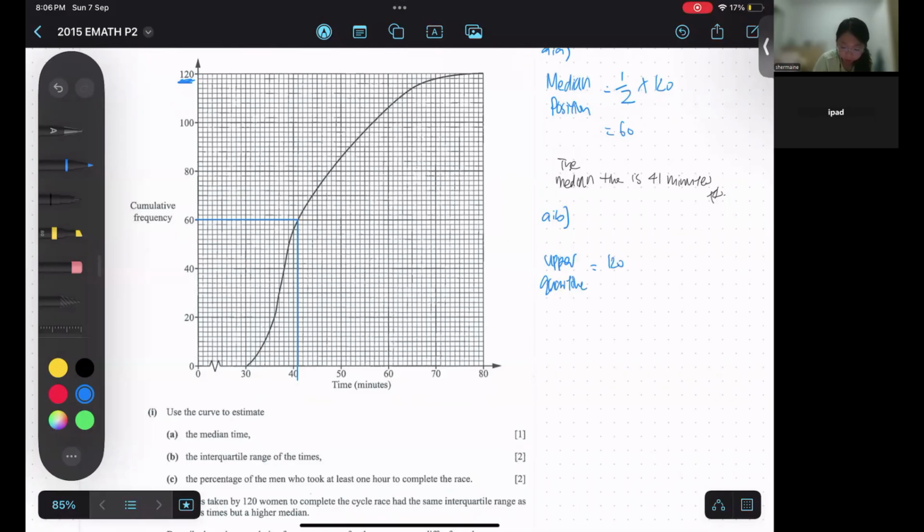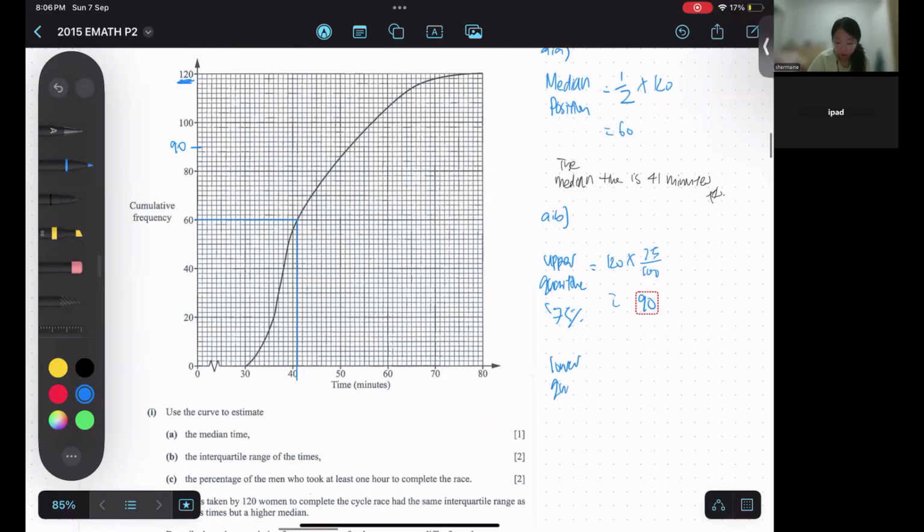Upper quartile is your 75%, times 75 over 100. So it's 90. So 90 is 2, 3, 4, 5. Here it is 90.